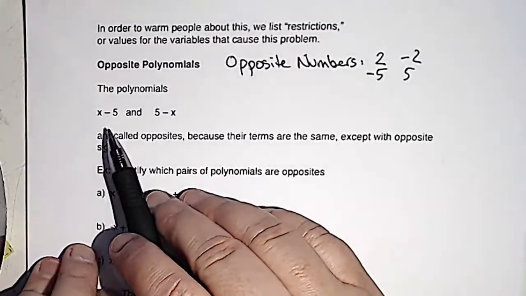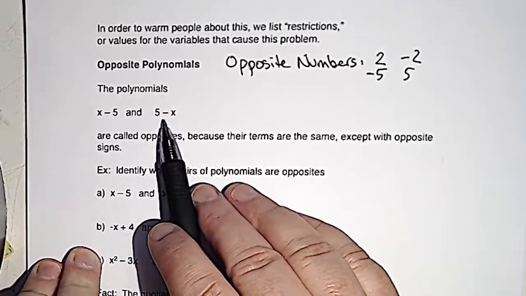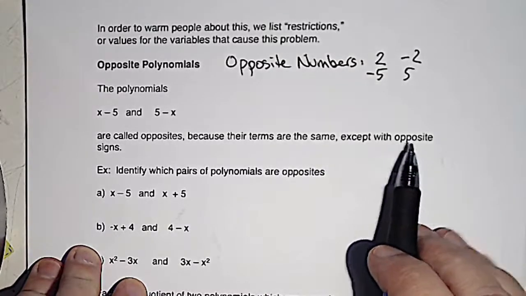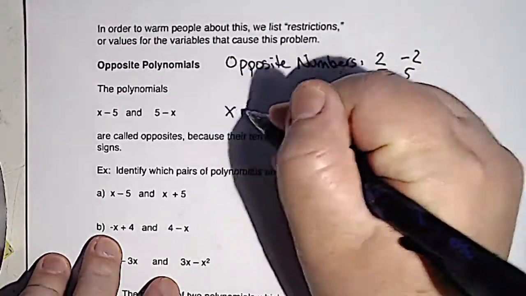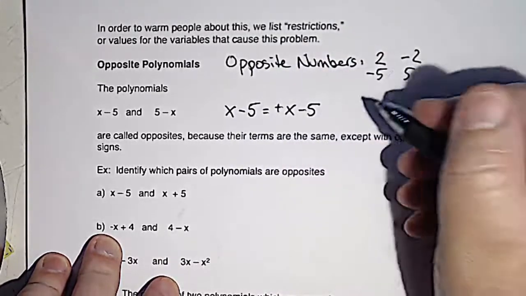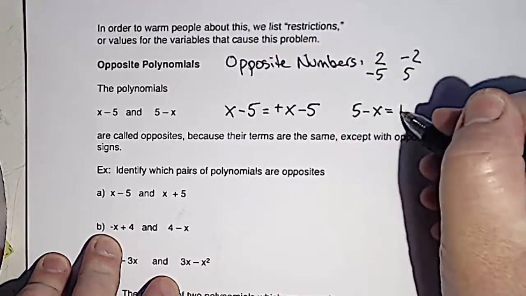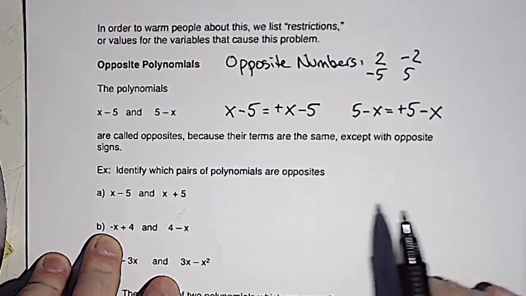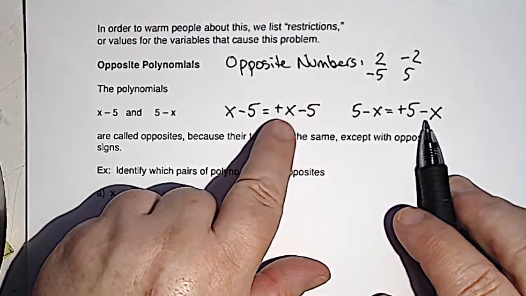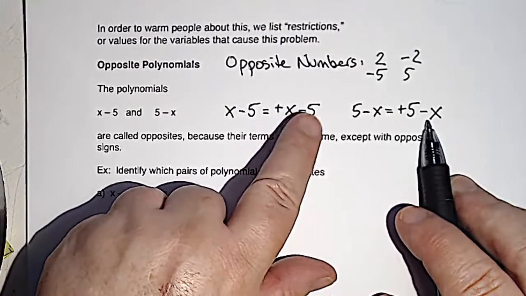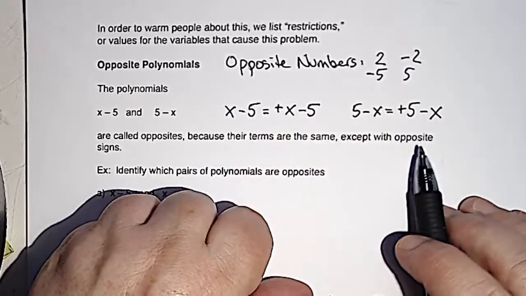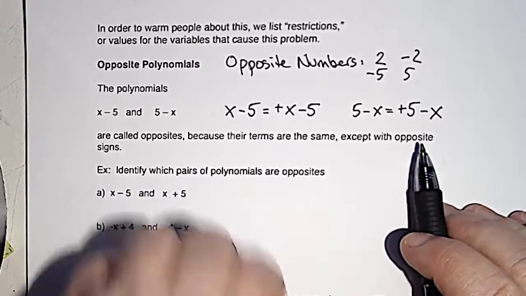So x minus 5 and 5 minus x are called opposites because their terms are the same except with opposite signs. x minus 5 is a positive x and a negative 5. And 5 minus x is a positive 5 and a negative x. See how x here has a plus in front of it, and a minus over here. 5 has a minus, but it has a plus over here. As long as all the signs are completely reversed, they're opposite polynomials.